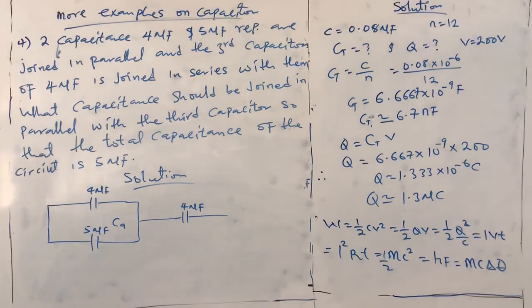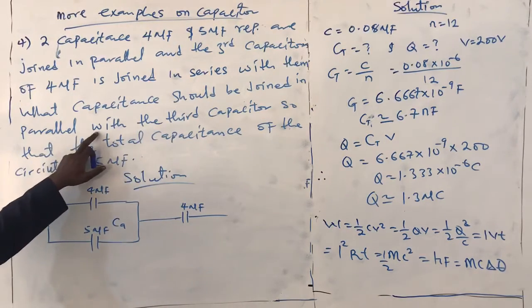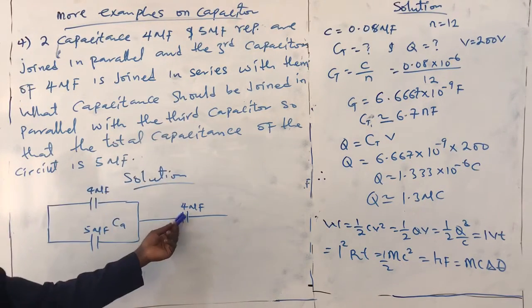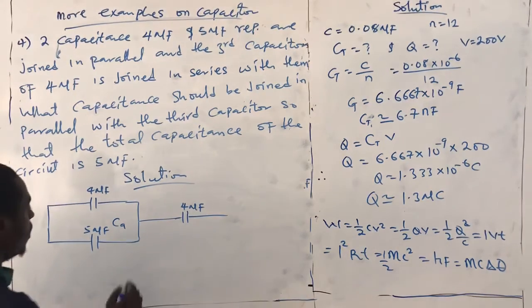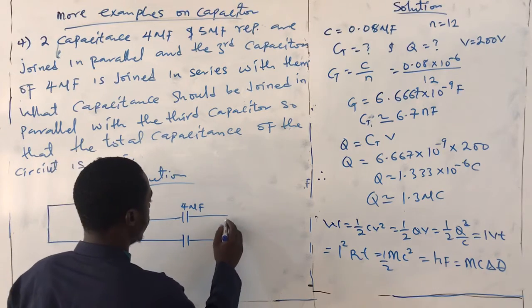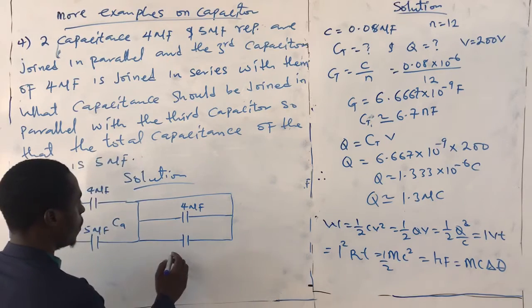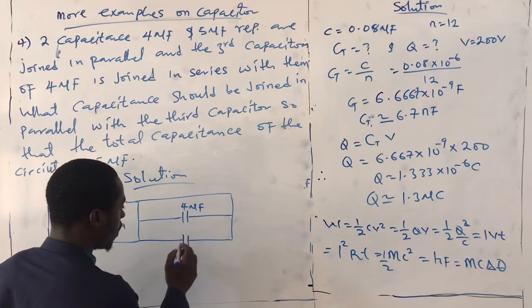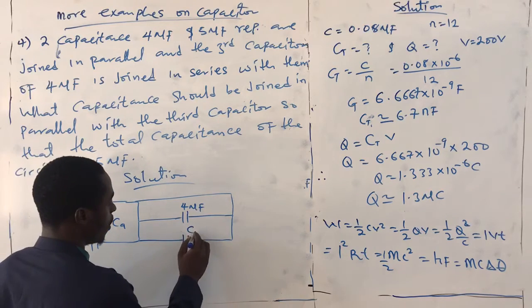They now say, what capacitance should be joined in parallel with the third? That is, what capacitance should be joined with this third one in parallel also. So let's say we join this one in parallel with this. We are looking for this capacitance, the fourth capacitance.